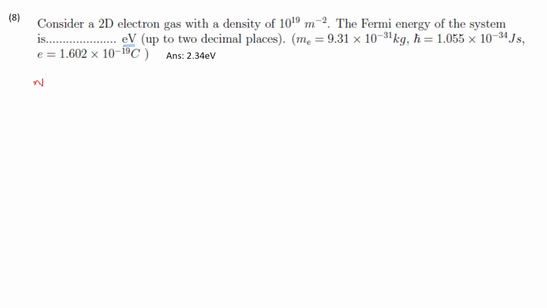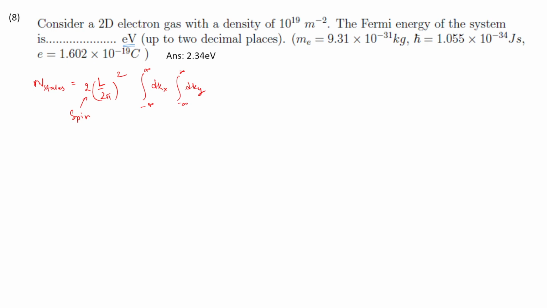So the number of states in 2 dimensions is equal to (L by 2 pi) whole cube, whole square. Now square because it is 2-dimensional. This 2 is for spin, and integral minus infinity to infinity dkx, minus infinity to infinity dky.